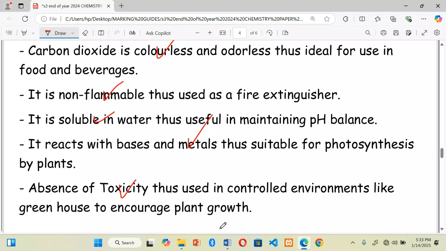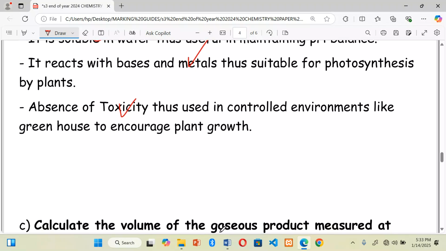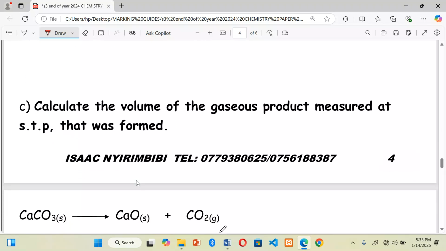But as we said, on this part, we need at least 4 properties. So even if you give only 4 properties of carbon dioxide, you maximize all the scores. But for the case of revision, we have given more than 4, around 5 of them.